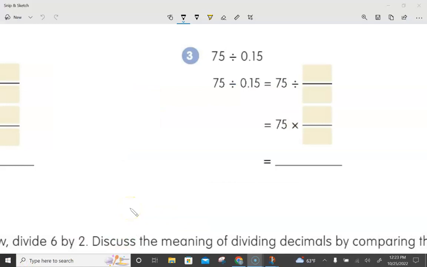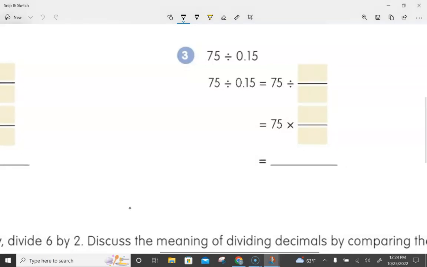Okay, so some of you may be wondering, how do I know that it's 15 over 100? So what you need to understand is you got to take a look at that 15. When you're writing as a fraction, you just write whatever is to the right of the decimal. You write that number out. So that's going to be your numerator. And then you look to see how many digits are to the right of the decimal. You first of all write the 1 down.